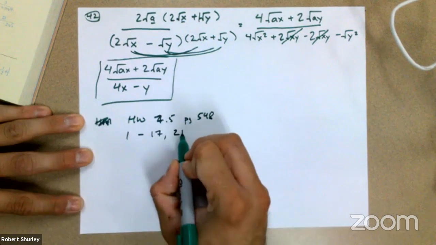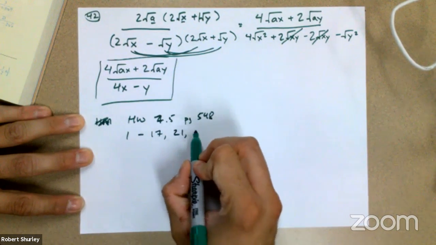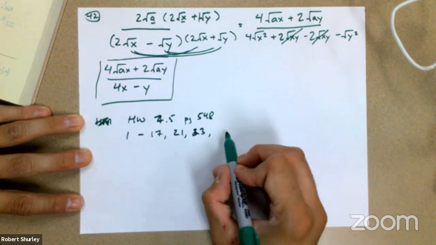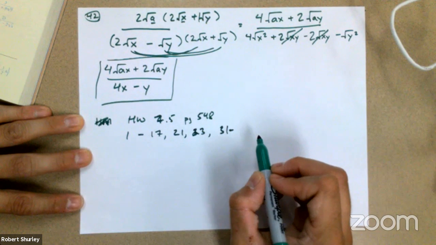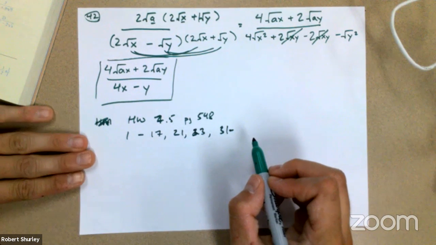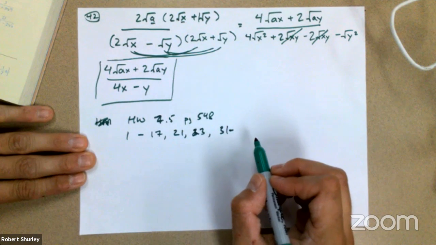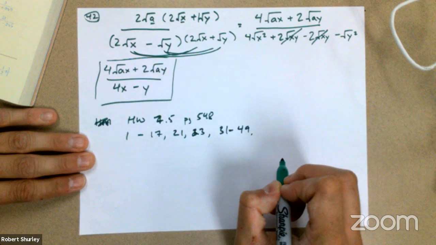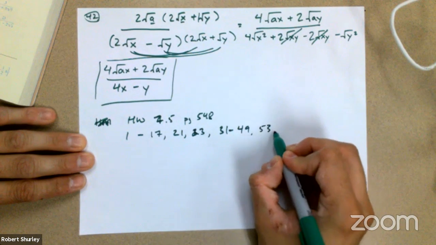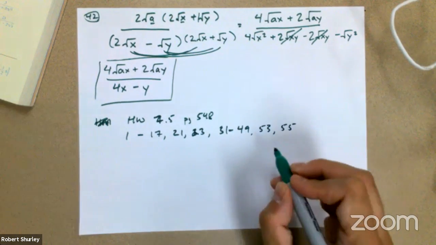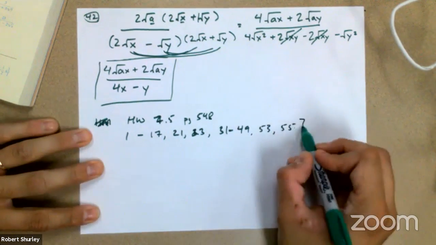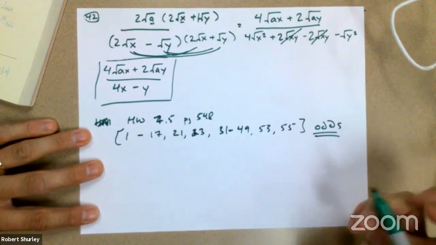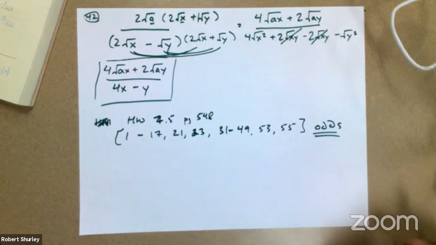So 21, 23, and then 31 through 49, and then 53 and 55. So I just chopped this up because they go over cube roots, which is kind of crazy. And you can do all odds on this one. There's no reason to cube root. So that's section 7.5.